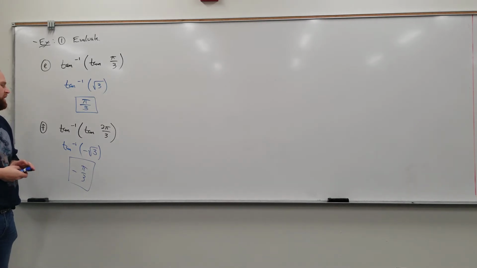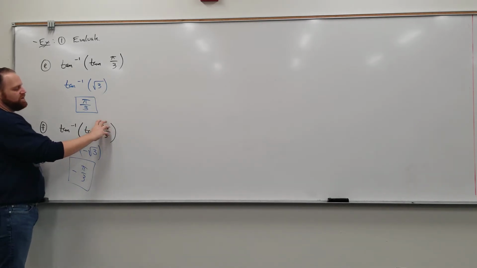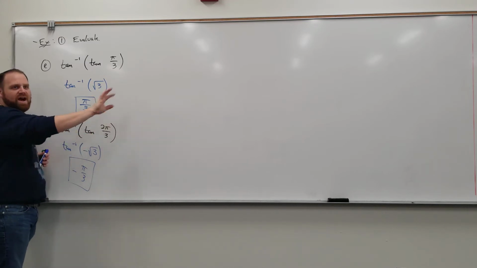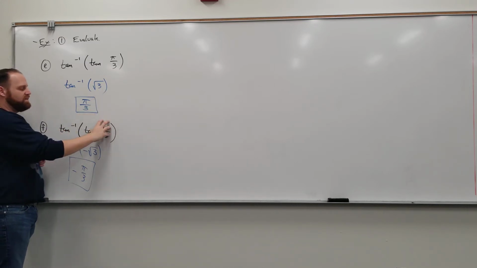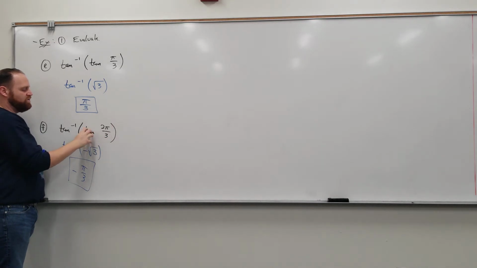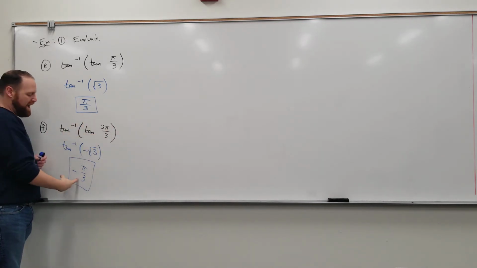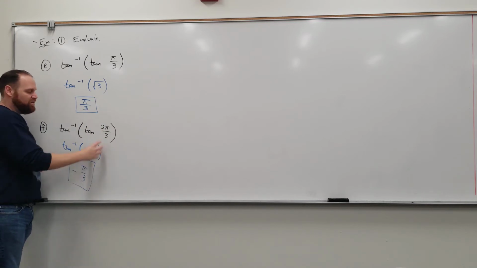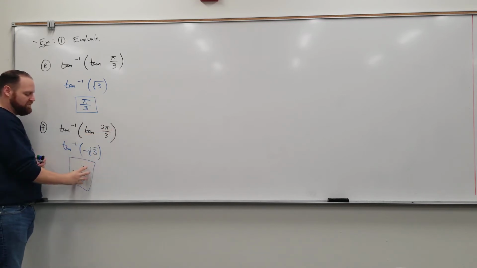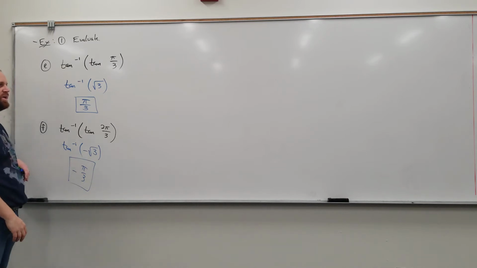So if you're starting with an angle outside of the standard domain, and you find the trig function, then take the inverse, you're going to end up back inside the standard domain, which means it's going to be a different angle than what you started with.